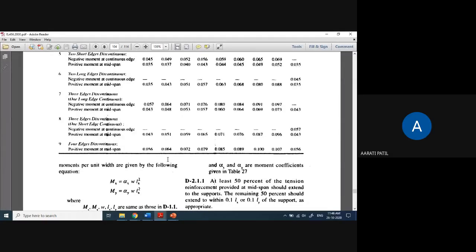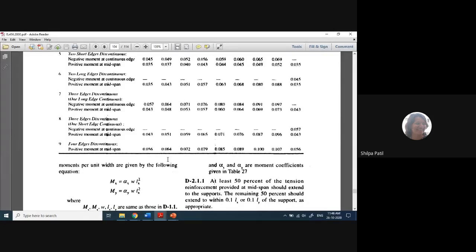Now when you start designing for your term work, you have to carefully observe the two-way slab in your plan. Suppose you have a two-way slab of 4 by 5 meter, and around all the 4 edges you have one-way slabs. In that case your two-way slab will have 4 edges discontinuous, and we will have this particular case.